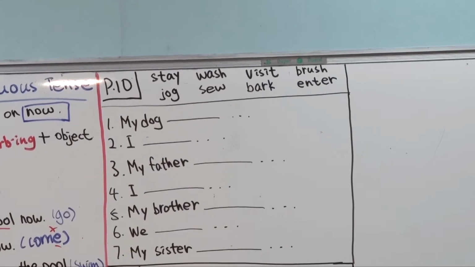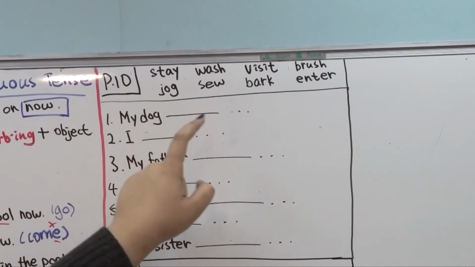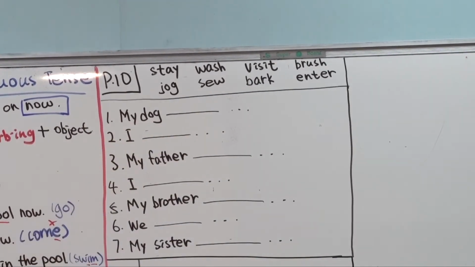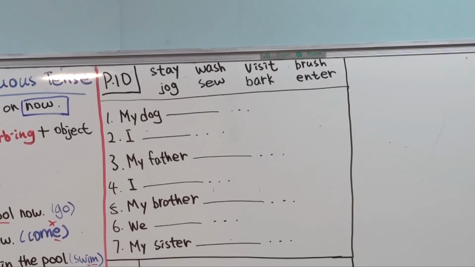Let's go with number 1. My dog what at the cat yesterday. Look at your book, page 10. There's a picture next to number 1, right? As you can see, the dog is woof, woof, woof. That is called, which action verb is it? That should be bark, right? Bark. Can you see the verb bark?